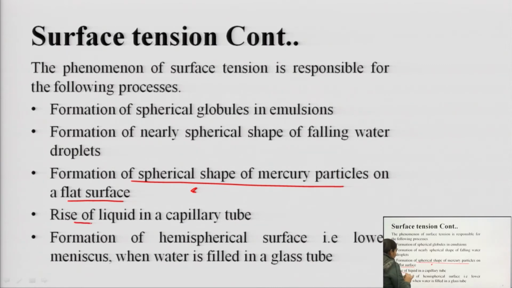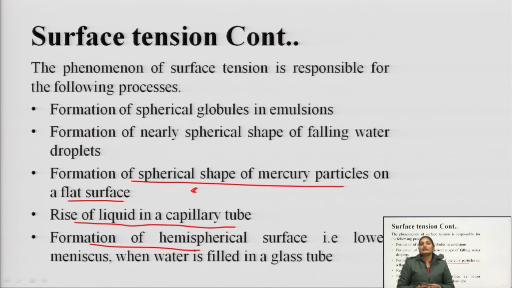This is the phenomenon that is responsible for the rise of liquid in a capillary tube, and also this is applicable in the formation of a hemispherical surface, that is, the lower meniscus when water is filled into a glass tube.